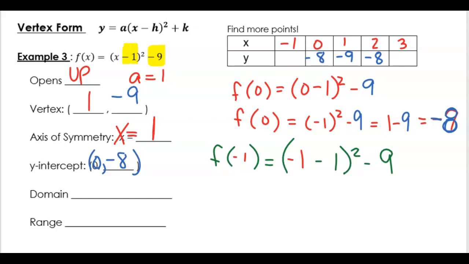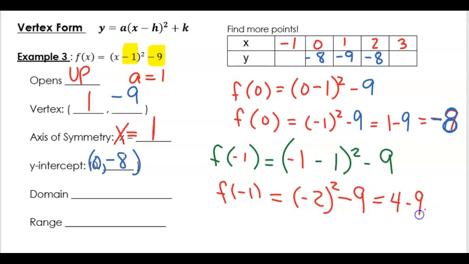And so, what is -1 minus 1? And what is -2 squared? And so this is a -5, and then because of symmetry, that one will be a minus 5.